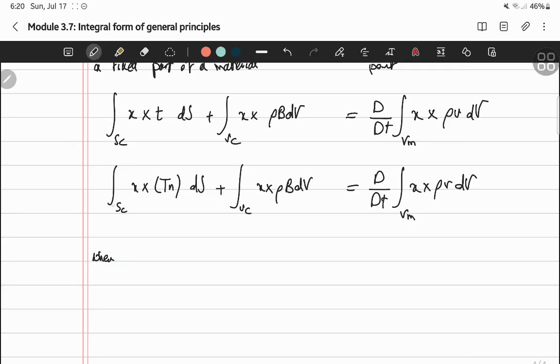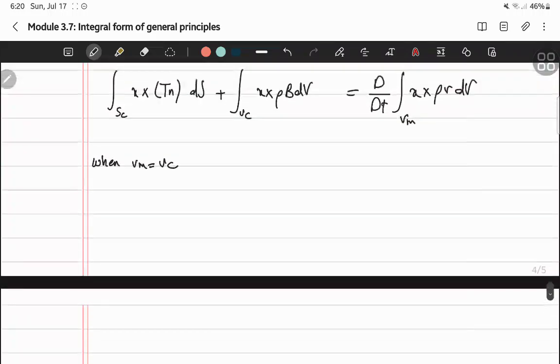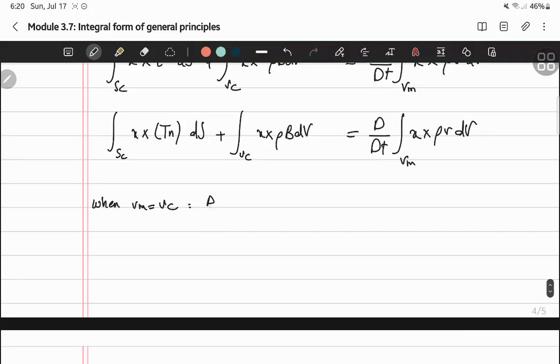Here we have SC, VC, and this one is Vm, so we have to change this Vm to Vc and also SC to Vc using the divergence theorem. When Vm is equal to Vc, we can take the derivative d/dt inside the integral.